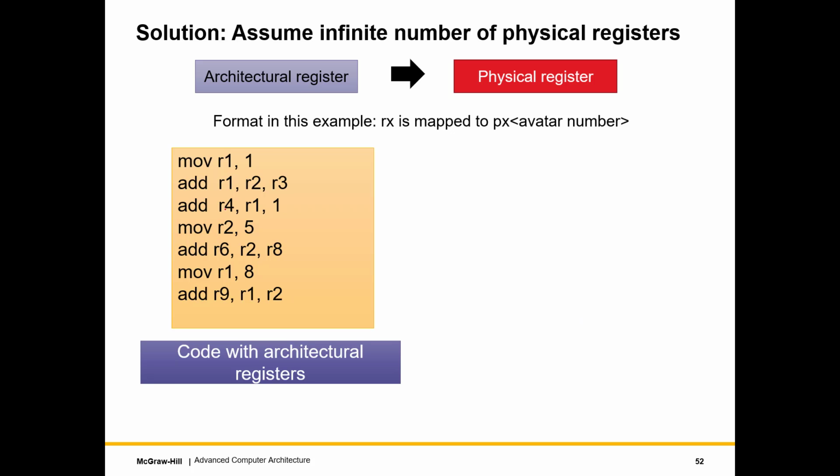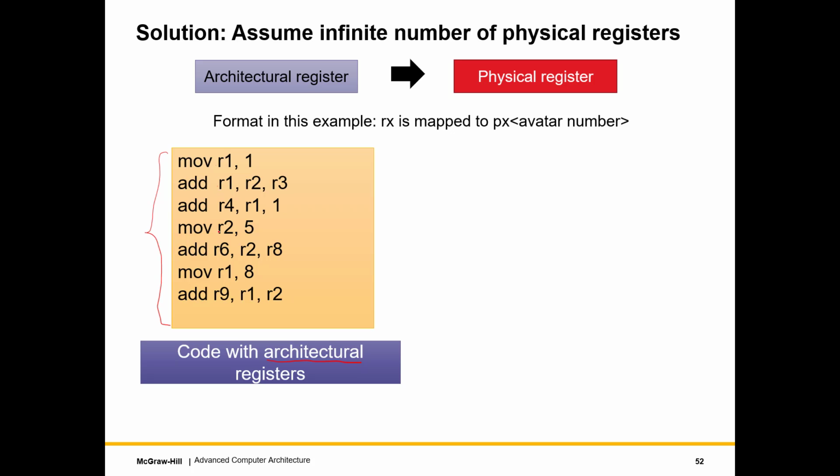So let us take a look at this piece of code that the compiler has generated. It has architectural registers, which are our normal registers. Normal registers are known as architectural registers in this context. Because we have a finite number of registers, registers are repeated. We write to R1, then we write to R1, then we write to R1 again.